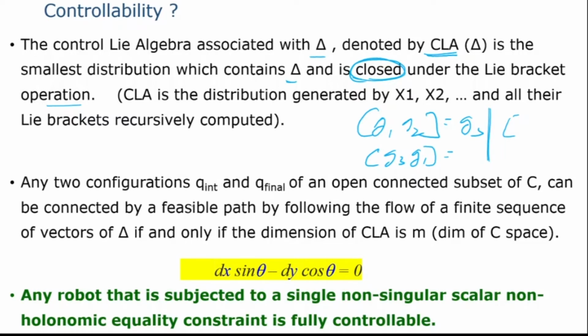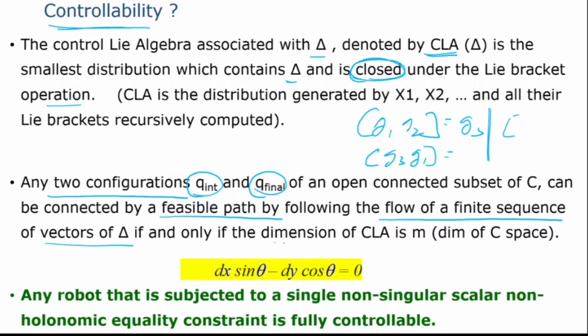Now, what is the point of this controllability business? The point is that any two configurations, Q initial to Q final, of an open connected subset of C can be connected by a feasible path by following the flow of a finite sequence of vectors of delta if and only if the dimension of CLA is M, and M is also the dimension of the C space.